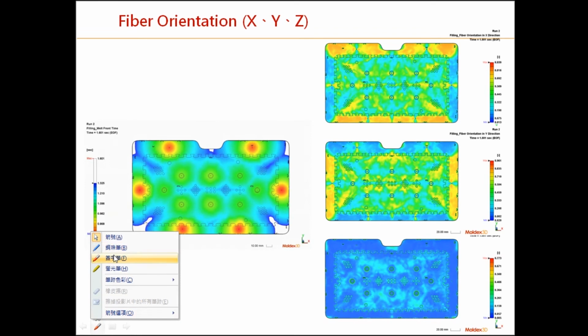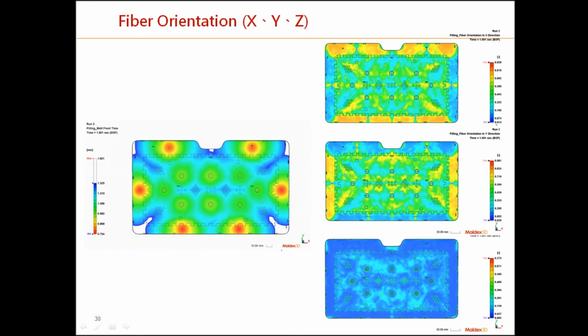For example, if the fiber orientation along the x direction is higher, around 0.8, we can understand that the fiber orientation is highly aligned with the x direction, as the coordinates here show x and y.